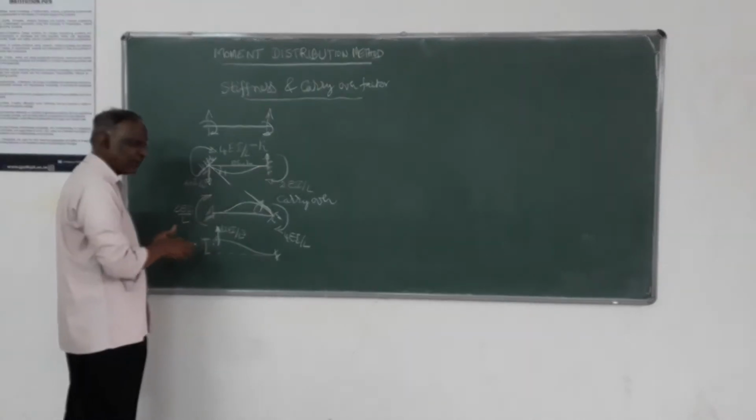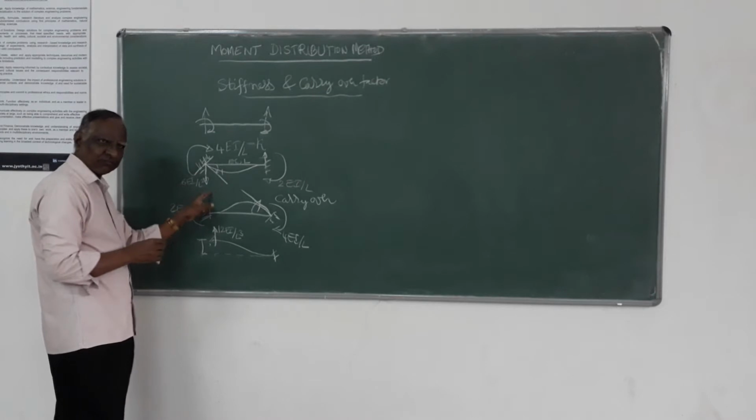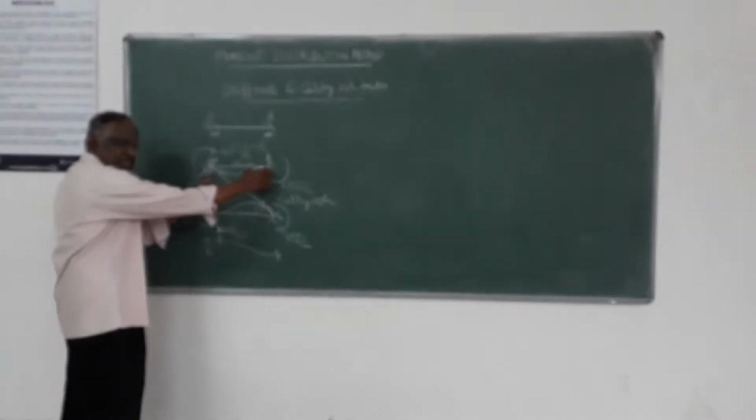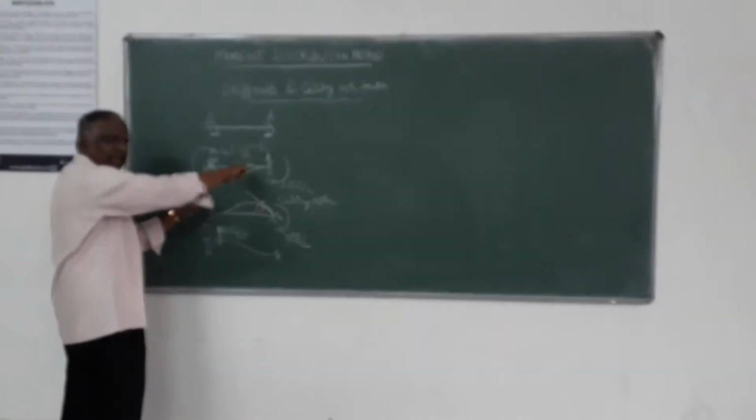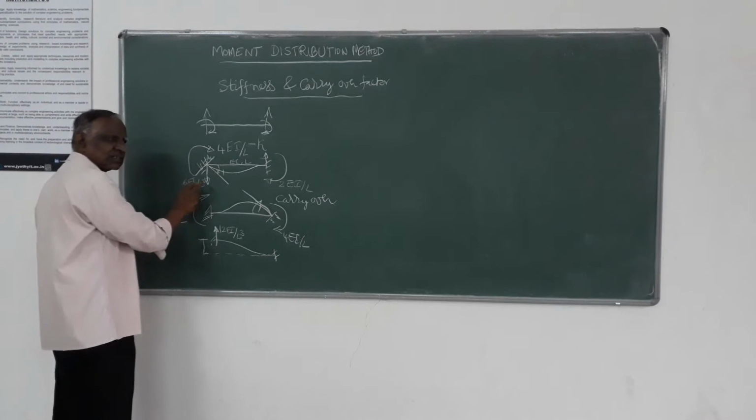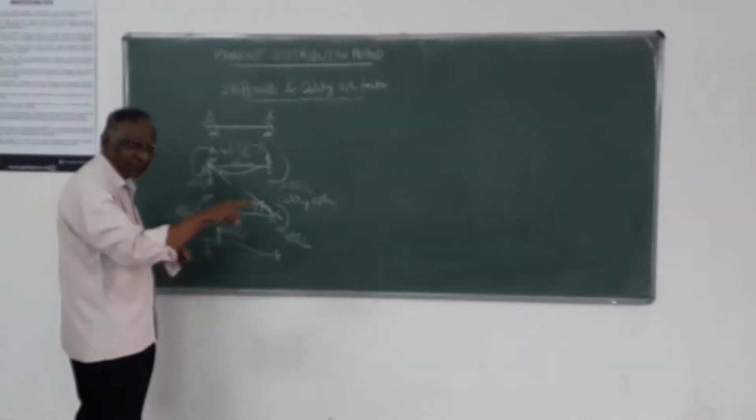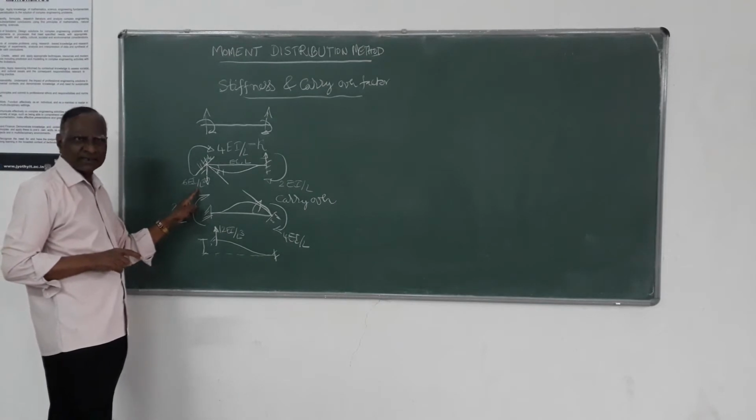This is 4EI by L, this is 2EI by L. Suppose I call some reaction V, if I take moment about this point, V into L is equal to 4EI by L plus 2EI by L, that is 6EI by L. Therefore, this V will be 6EI by L divided by L, that is 6EI by L square.